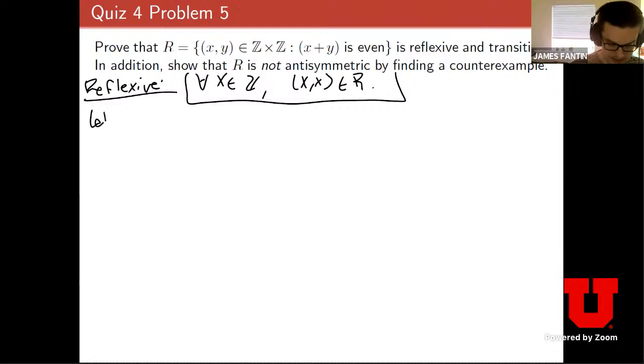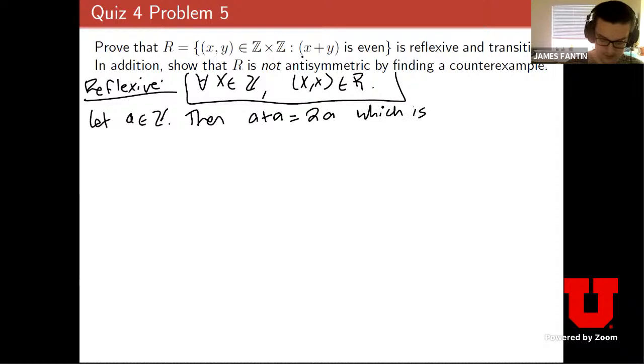So let's call A an element of Z. Then, to see if this is in the relation, let's look at what A plus A is. So A plus A is equal to 2A, which is even by definition. So A comma A is in the relation, and thus it's reflexive.